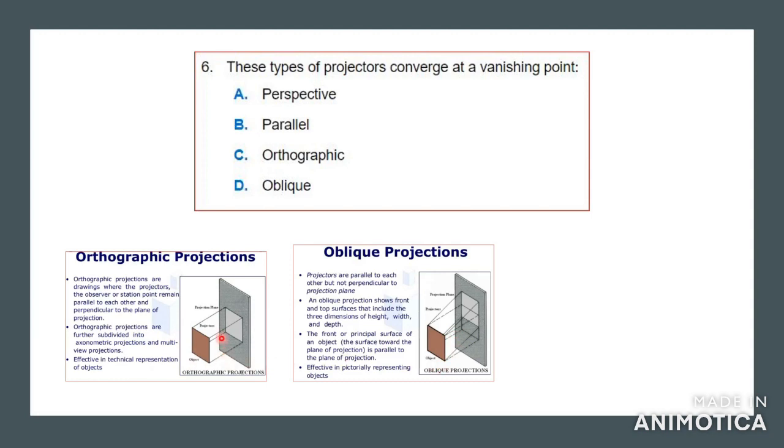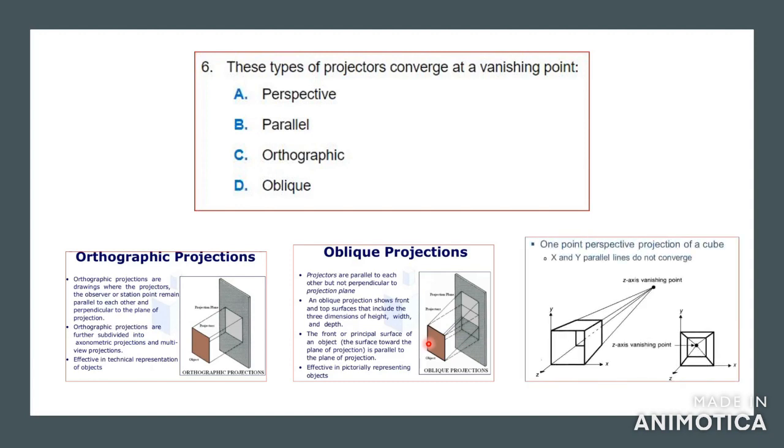The difference between this one, as you can see, and this one is the angle is a bit higher. This one would be parallel, this one would be maybe 20 to 30 degrees higher than the original object. And then you have the perspective drawing. In the perspective drawing, you start with the object and then the object actually recedes until it vanishes.